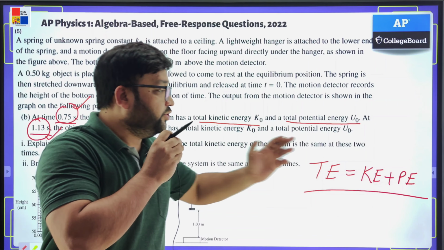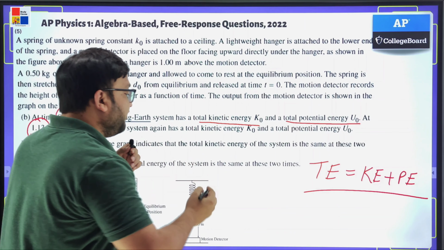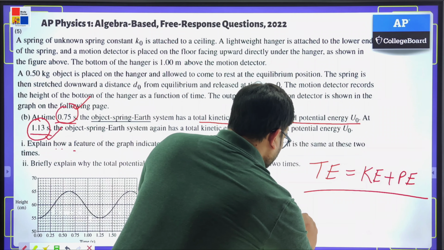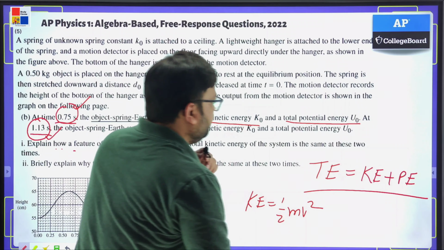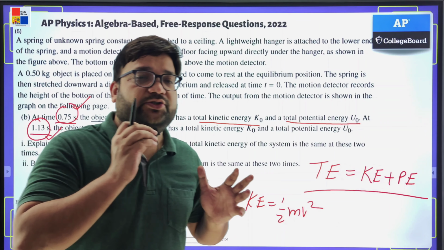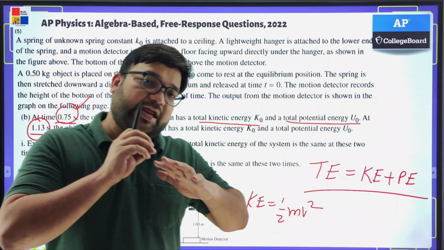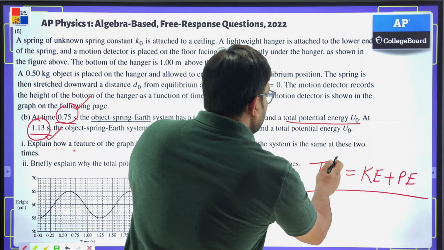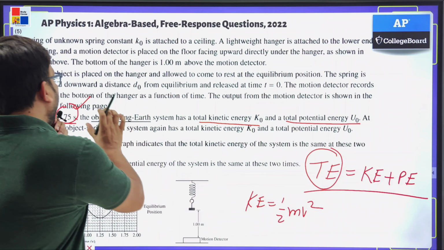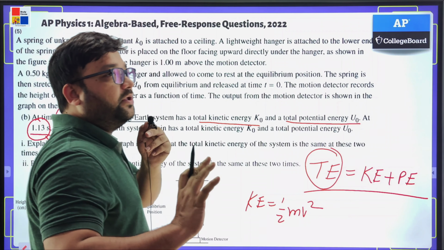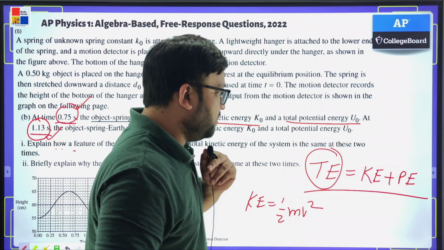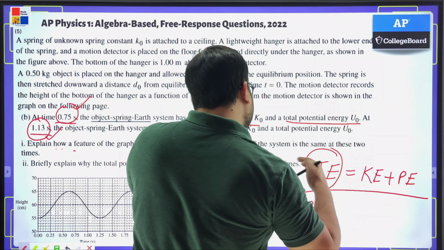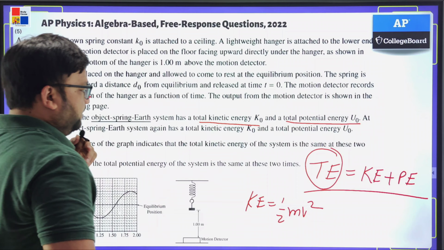The kinetic energy is given by half mv square, and the sum of kinetic energy and the potential energy at any given time is constant. The total energy of the object spring earth system is the same at all times. So KE plus PE together has to be the same at all moments.